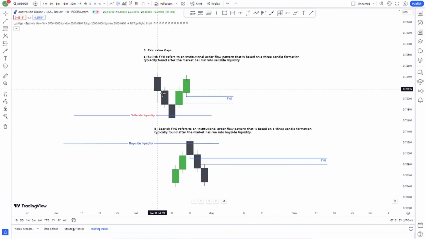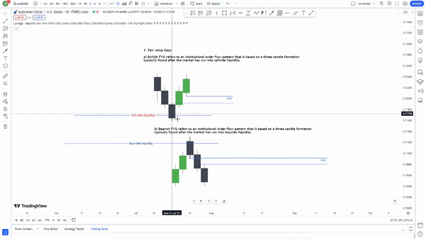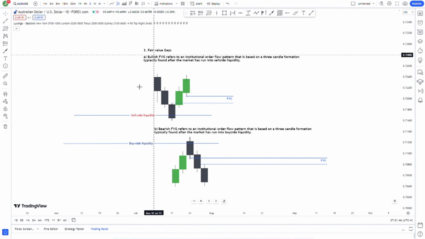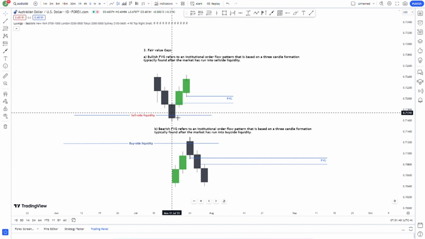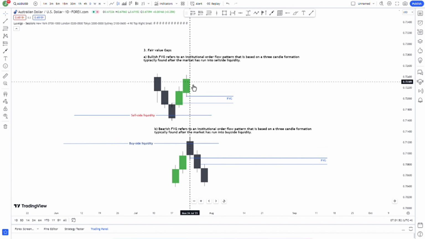Now the market would run into sell-side liquidity, which would be a previous low or relatively equal lows on the left. Now after running through the sell-side liquidity, the market would have 3 candlesticks. In this illustration, this will be our first candlestick, this will be our second candlestick, and this will be our third candlestick.